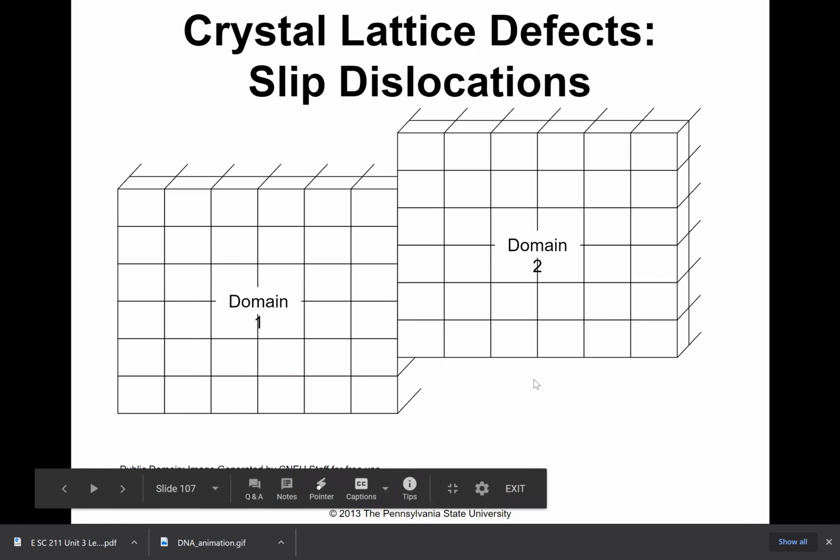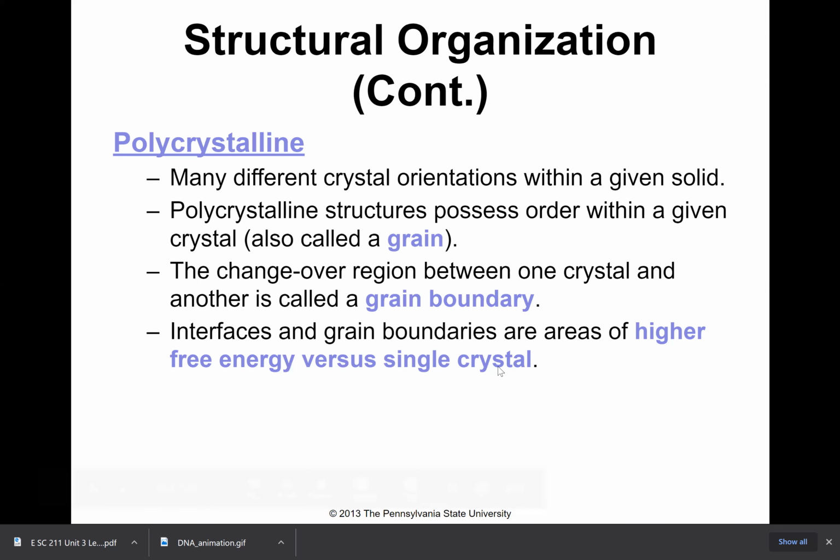This one almost looks like it could be something like polycrystalline, but polycrystalline orientations can be even more drastic. They are when many different crystal orientations are within a given solid. The polycrystalline structures possess order within that crystal, which is called a grain.